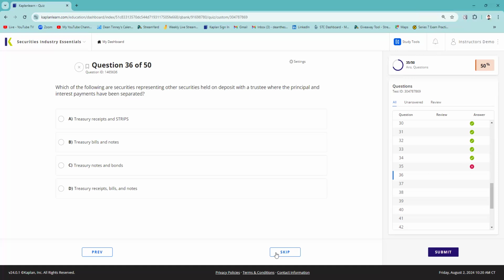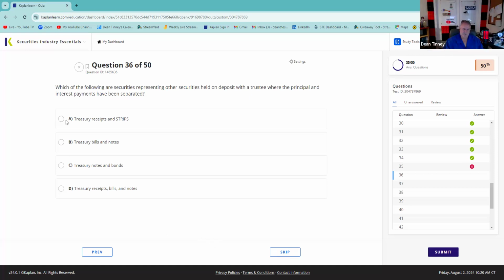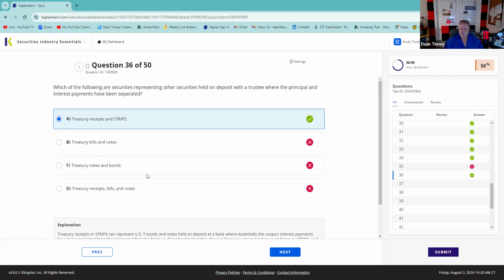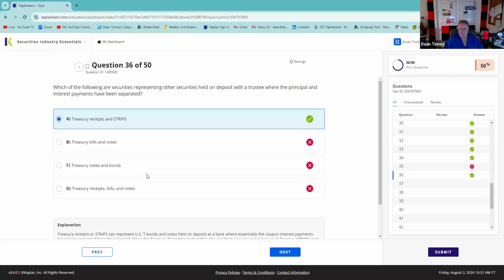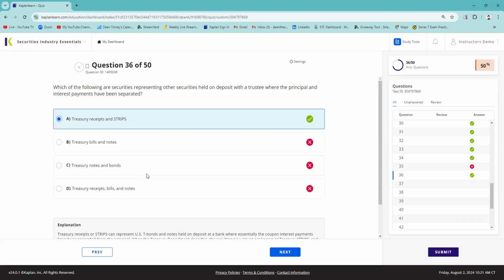There are two types of strips: zero coupon bonds. There's ones you get directly from the U.S. Treasury that have been stripped, and there's ones you get from broker dealers. They're the same thing. It's just one of them is coming from the Treasury, and one of them is coming from broker dealers. I think it's an odd question, but it's a zero coupon bond is what it is.